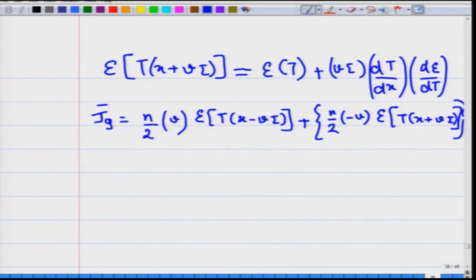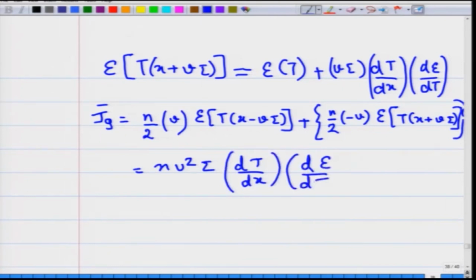And now we have got these expressions, these are approximations, you can put that in here, and after you put those terms here and taking into account these negative signs which are present in the above expressions as well as here, you will land up with an expression which is n into V square tau dT by dx into dE by dT. This is the net heat current which is flowing along the x direction.